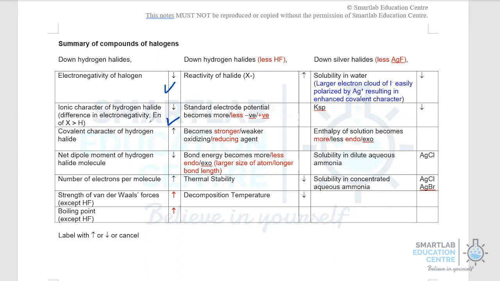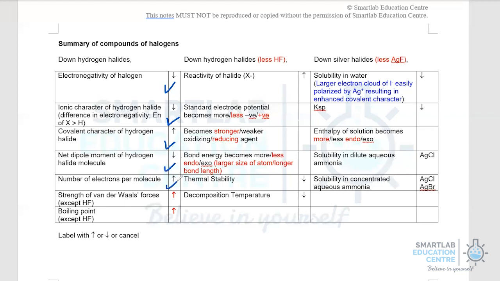And when the ionic character decreases down the group, the covalent character increases. The net dipole moment, as explained earlier, given that Cl is more electronegative than Br, also decreases.